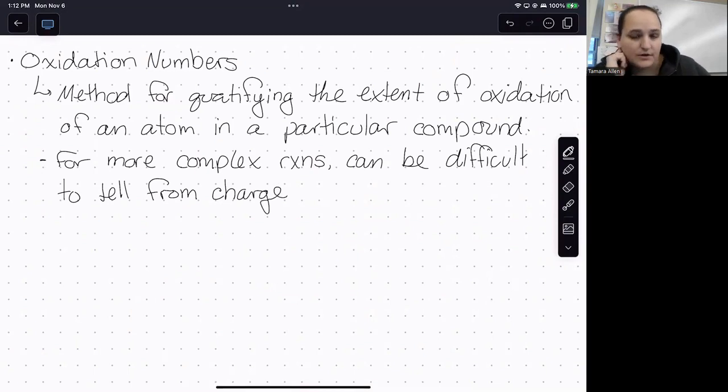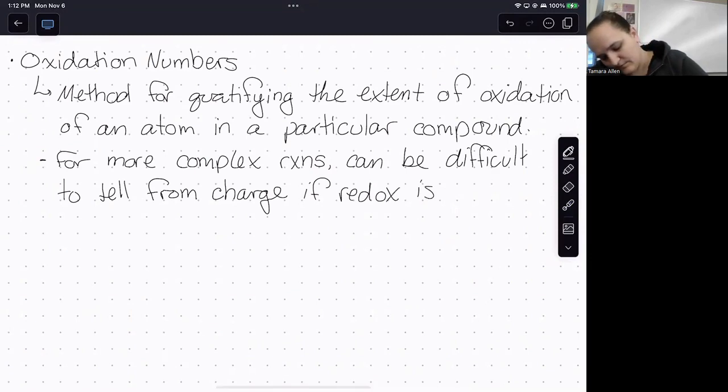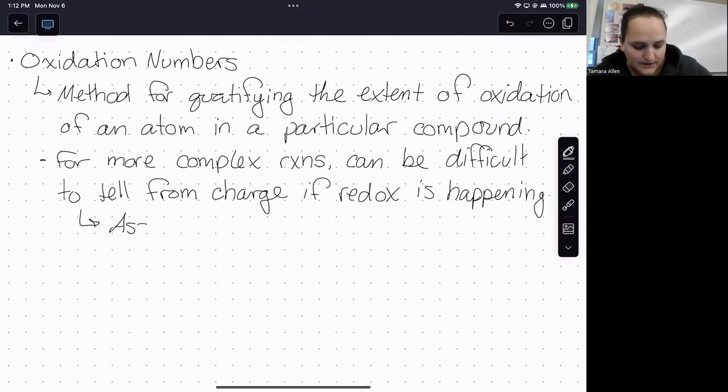Often there is no change in charge when there is in fact redox happening. So what we need to do is assign oxidation numbers, and we'll talk about how to do that in just a second.